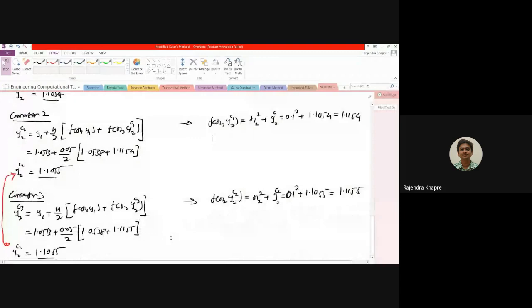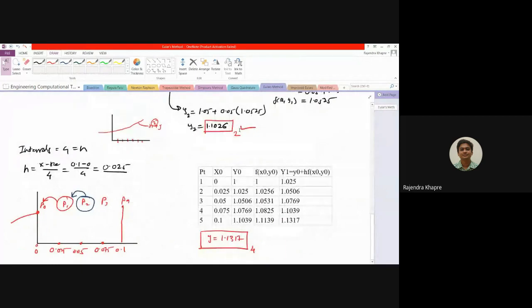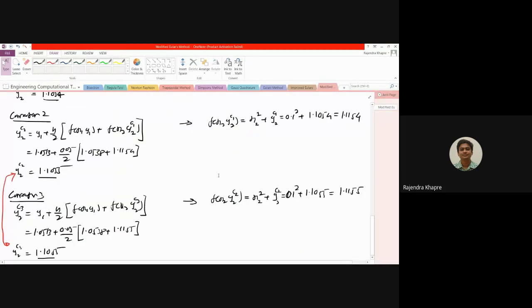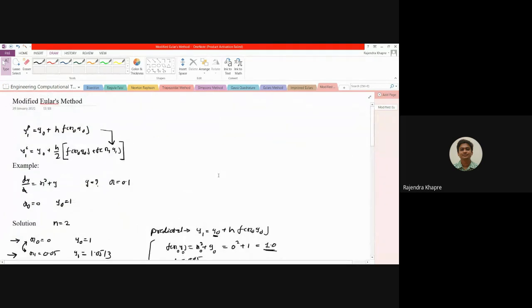So if you see, this method is going to give you quite an accurate result, because the Euler's method is going to give you 1.13. So this is also not correct, but the modified method is going to give you a very accurate result as compared to the other two methods. The only thing is you just have to keep on applying corrections again and again, then only you will get the correct solution.